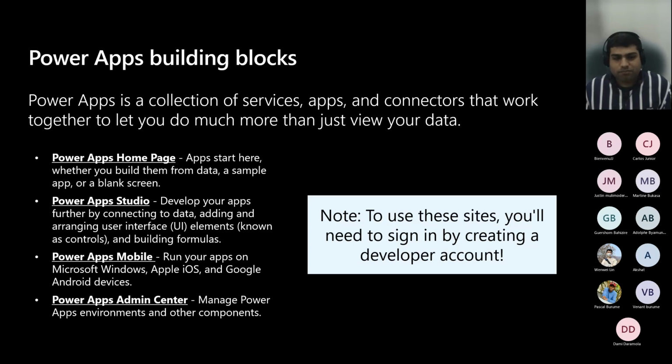And then there is the Power App Studio, where you can make all the edits, and you can add various data sources and visual elements. Then we have the Power App mobile app, which allows you to run the Power App on your mobile phones, maybe iOS or Android. And there's an admin center where you can configure the various components.